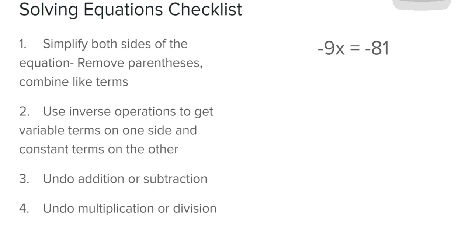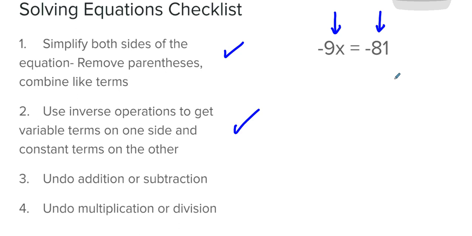But let's take a look at this one. Let's run through the checklist. Are both sides simplified? 9x. There's no like terms over here. There's no like terms over here. There's no variables. There's no parentheses to get rid of. Boom. Are all the variable terms, 9x only, on one side and the plain old numbers on the other?